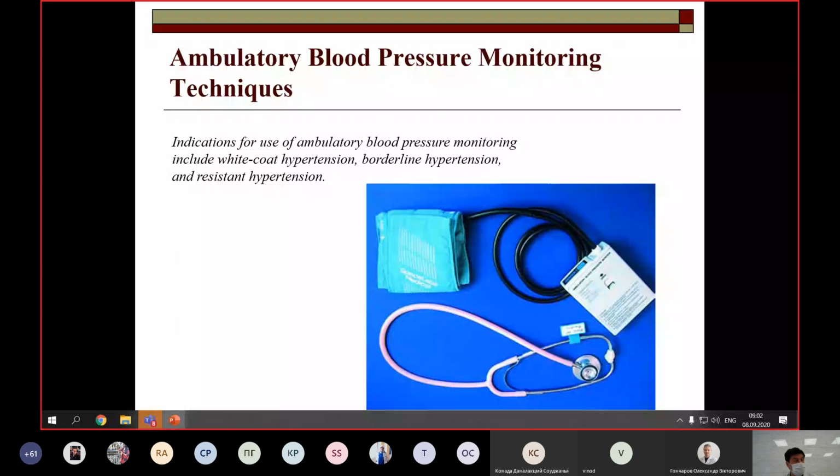So, ambulatory blood pressure monitoring is recommended generally for individuals to confirm BP elevation or provide differential diagnosis between some types of hypertension. On this slide, we have some devices which are used in routine to provide ABPM.